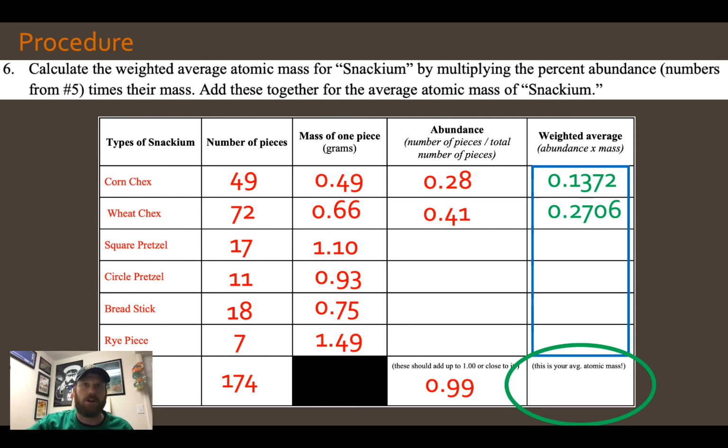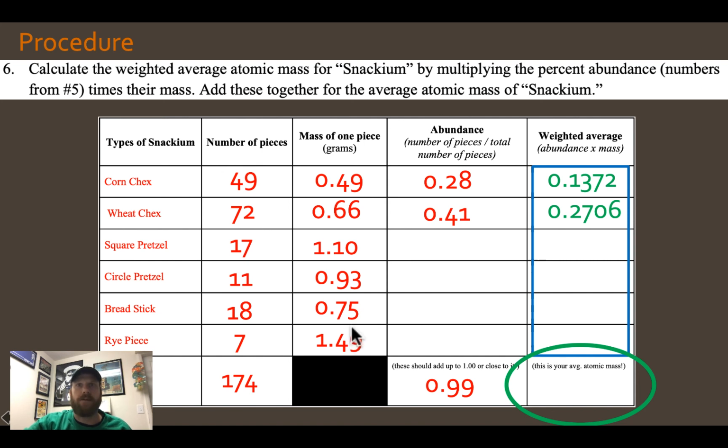Now we can't check our work on the periodic table because Snackium is not real. However, we can check to see if our answer makes sense. The lightest isotope of Snackium was the corn Chex with a mass of 0.49 grams. And the heaviest isotope of Snackium was the rye chips with a mass of 1.49 grams.